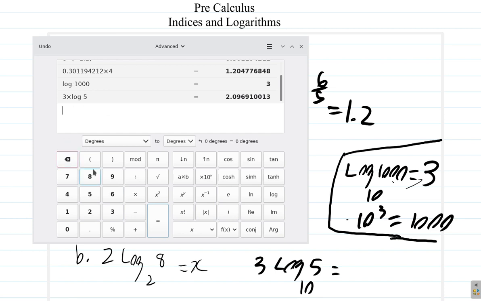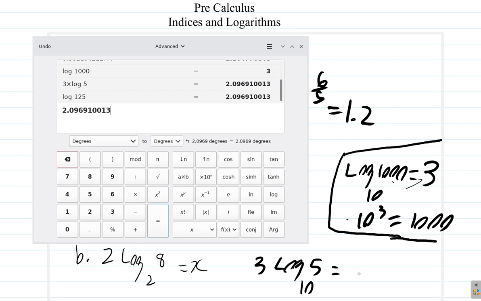Suppose now I raise 5 to the power of 3. 5 to the power of 3 is 125. And I find the log of 125. Will it be the same 2.0969? Let's see. 2.0969. Alright?